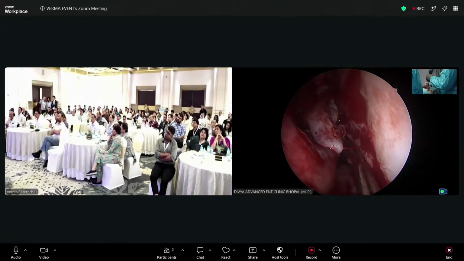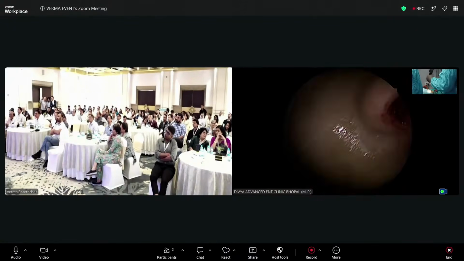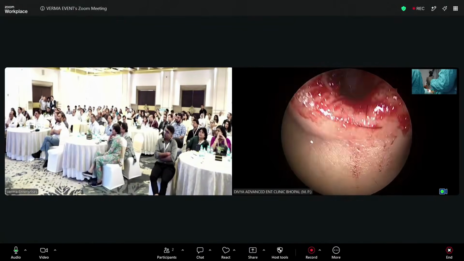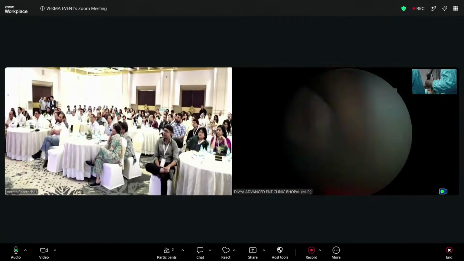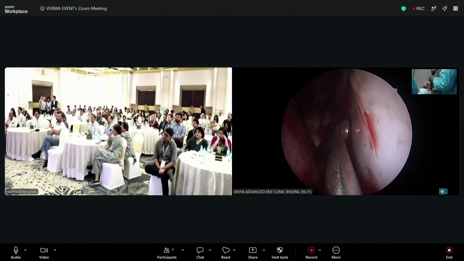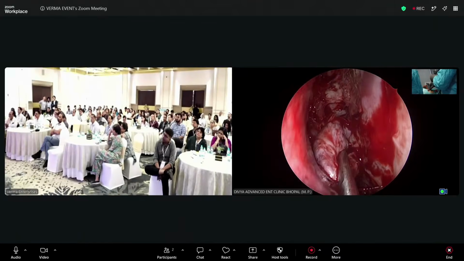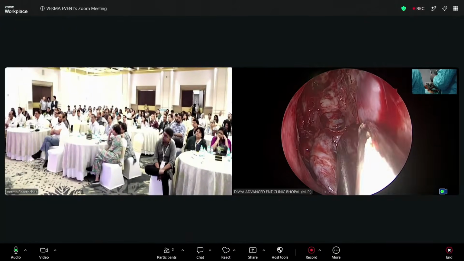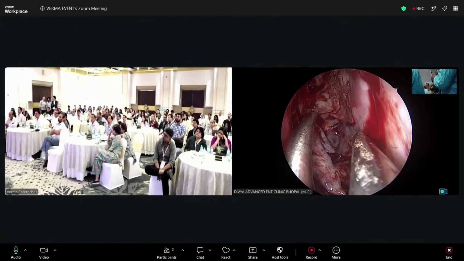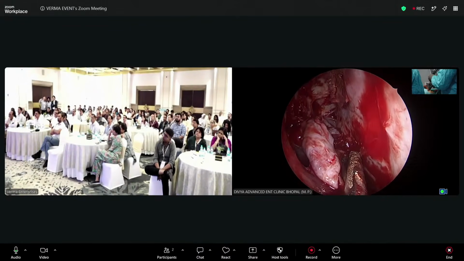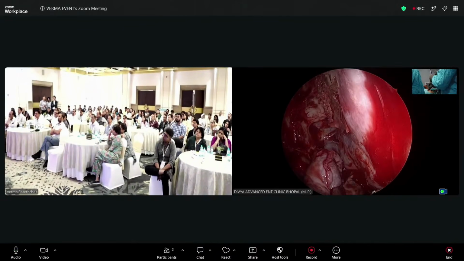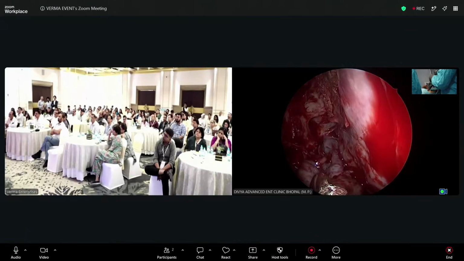So do you use the flap for the high pressure leak only, or for each case? No, for all cases: skull base leaks, primary spontaneous rhinorrhea. See, the aim is not about the sealing. The aim is about giving a ready-made vascularized tissue there.